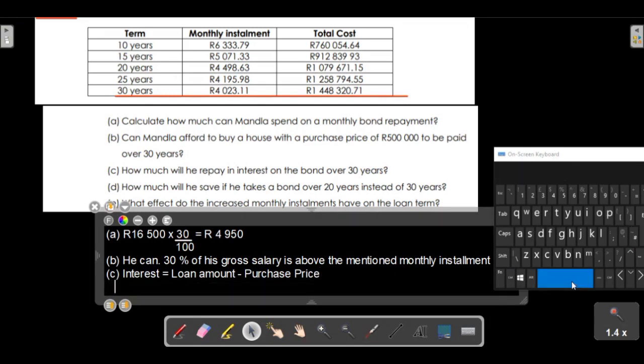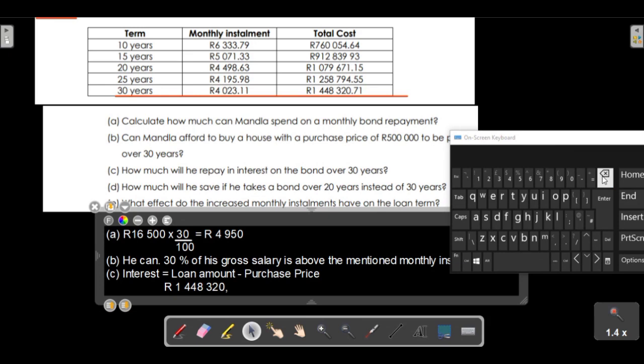In this case, the loan amount over 30 years is 1,448,320 rands. You should be able to read and write numbers. Then subtract the purchase price, which was 500,000. So that means that he paid an interest.